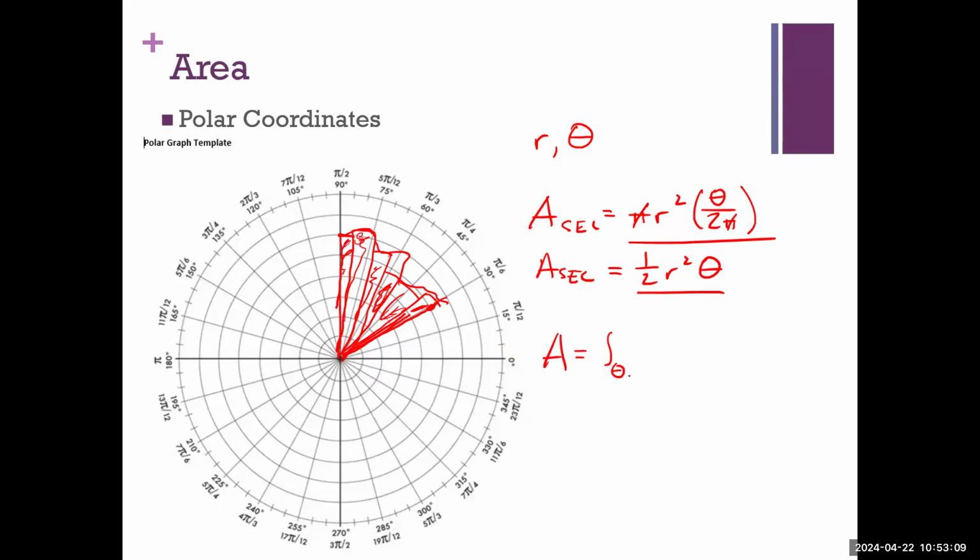I'm going to bound it between theta naught and theta 1. And what's the thing that I'm actually integrating? 1/2 r squared d theta. So basically, I'm adapting the Riemann sum, which was first developed on rectangles, to work for circular areas.